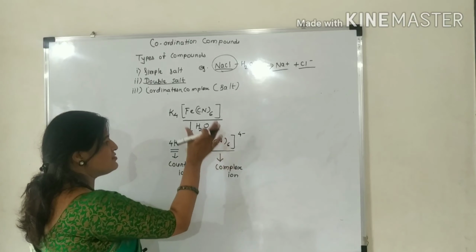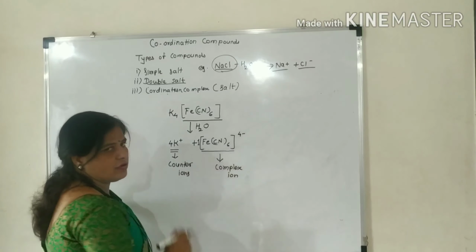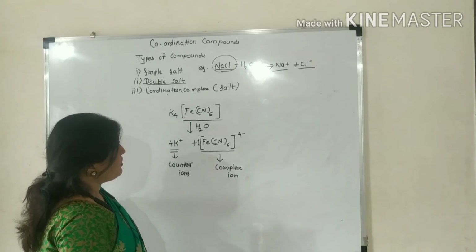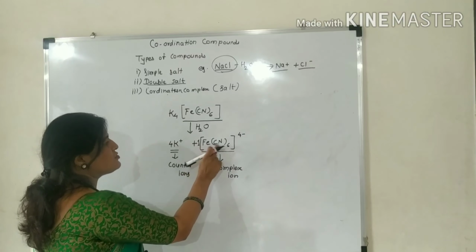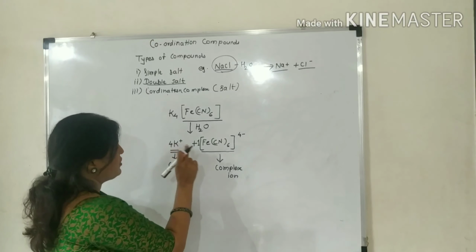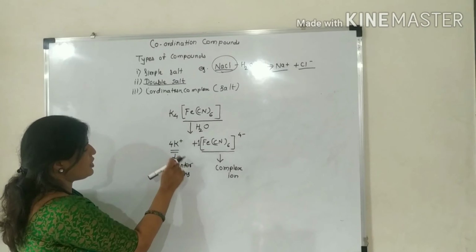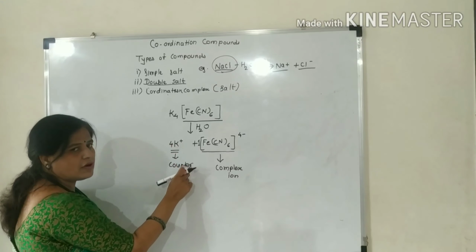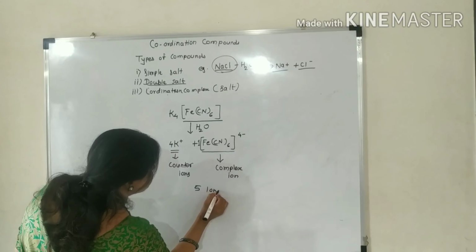Therefore, it remains as it is in the square bracket, and that is called the complex ion. That is 1 ion in total. This does not get separated. And these 4 potassium ions are called counter ions.